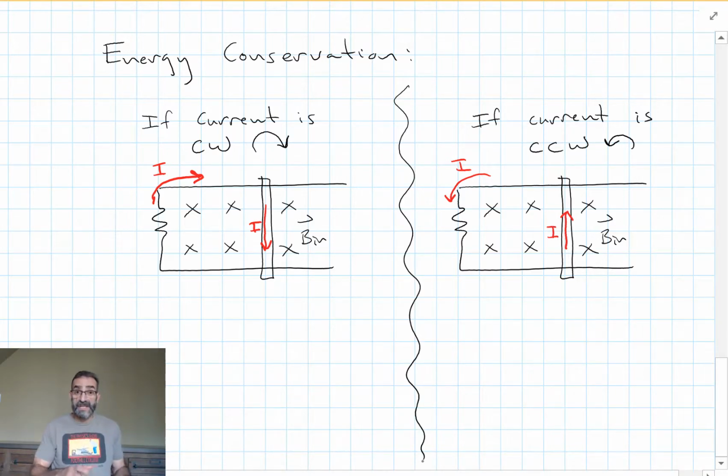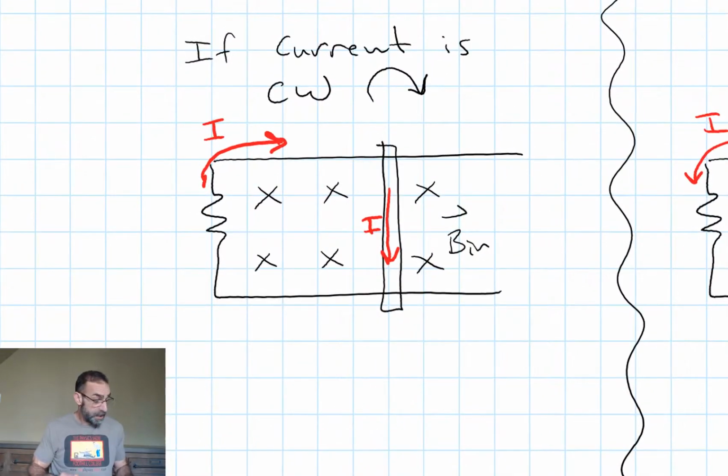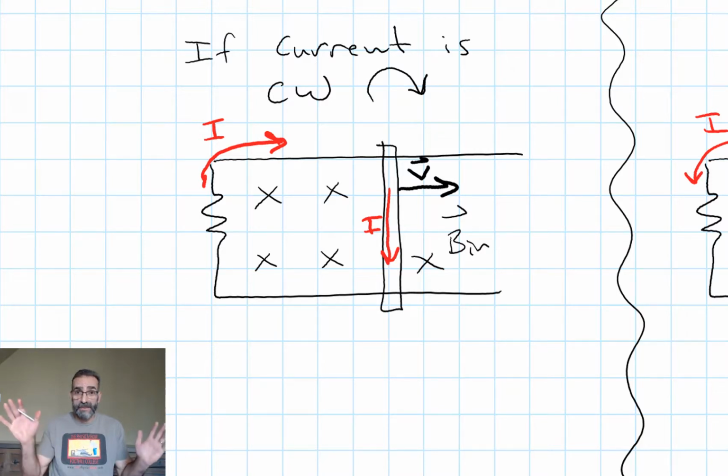Okay, so we'll look at the situation on the left first. When we move this bar, the bar has to be moving. What direction was it moving? To the right. So if the bar is moving to the right with some speed v, and if the current started running in the clockwise direction, let's pretend we don't know which one.